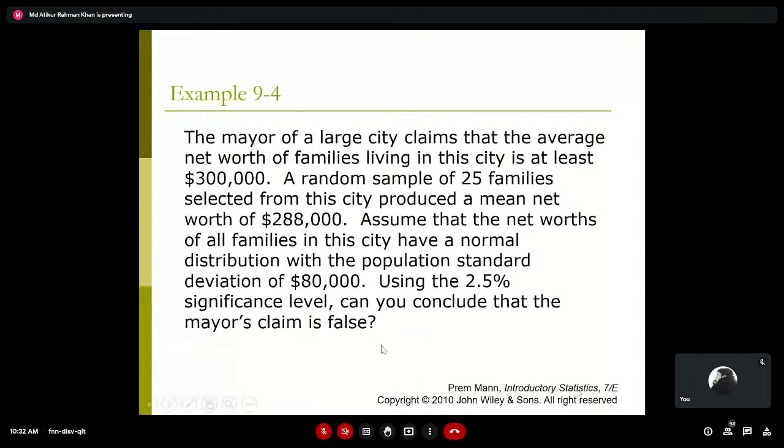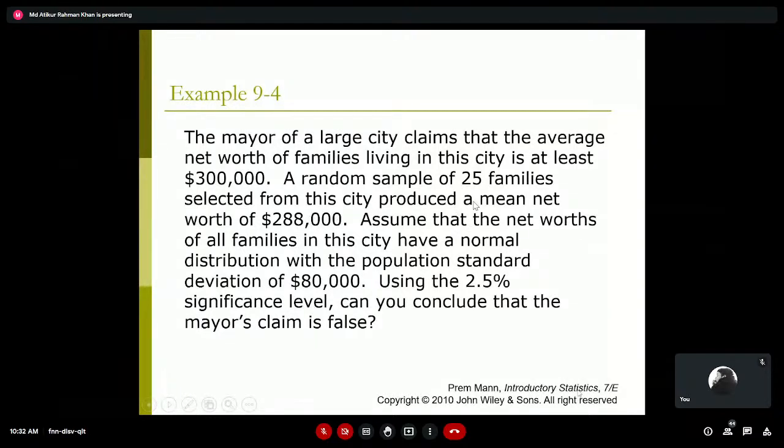The mayor of a large city claims that the average net worth of families living in the city is at least $300,000. A random sample of 25 families selected from this city produced a mean net worth of this.